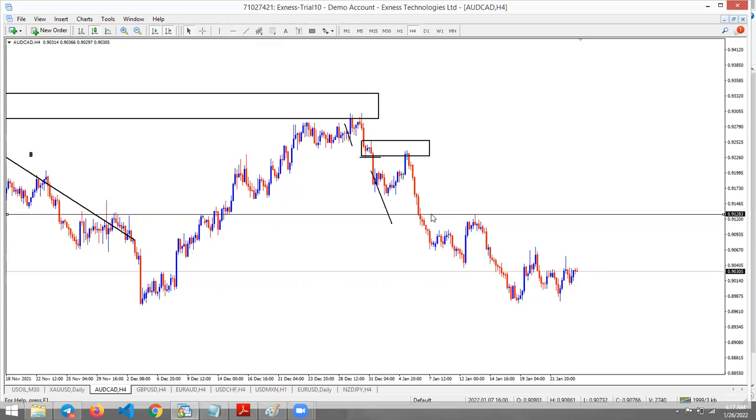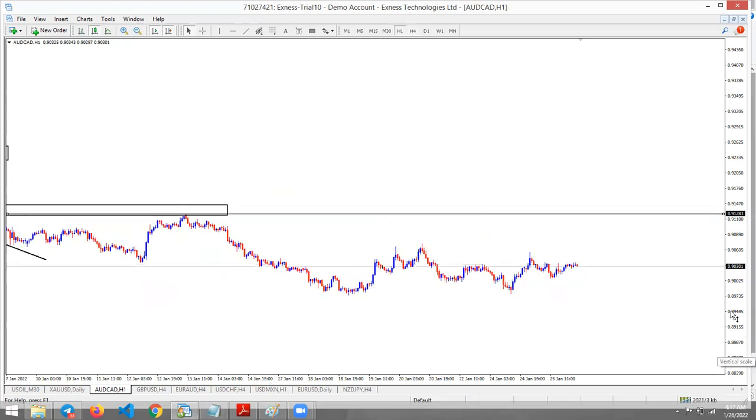Now sometimes you can have a decision point that is not visible on a higher time frame. For example, here we have a hidden decision point. Most times we call it a hidden base. The base is not visible on a higher time frame. But if you go to a lower time frame, you will be able to pinpoint the decision point.